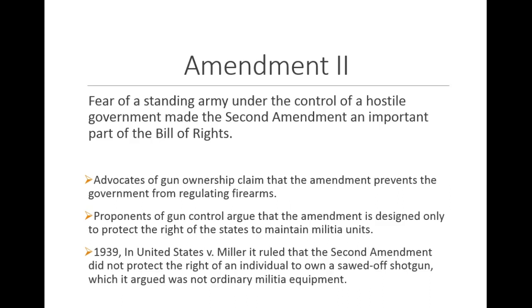In 1939, in the United States versus Miller, the Supreme Court ruled that the Second Amendment did not protect the right of an individual to own a sawed-off shotgun, which it argued was not ordinary militia equipment.